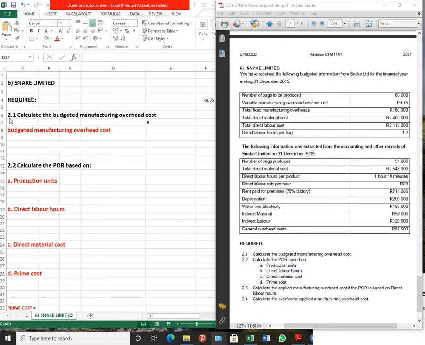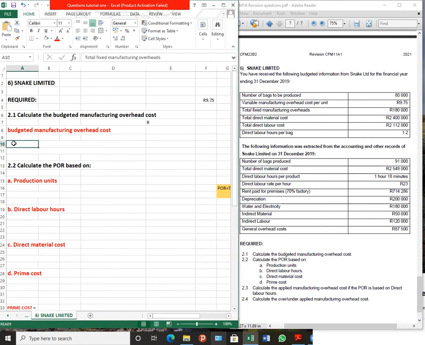Question 2.1, guys. Calculate the budgeted manufacturing overhead. Before I start with the session, I would like someone to try it.